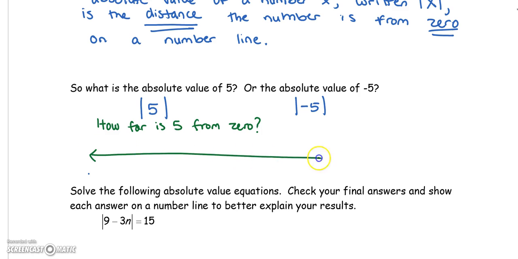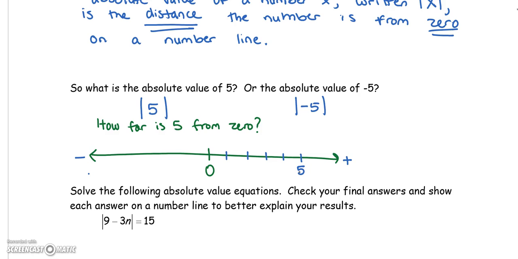Here's what we're looking at. Let's say that we have a number line, and let's say that 0 is right in the middle. On the number line, there's a positive section, and there's also a negative section. So I know that positive 5 is going to be 1, 2, 3, 4, 5. So that's where 5 would be on the number line.